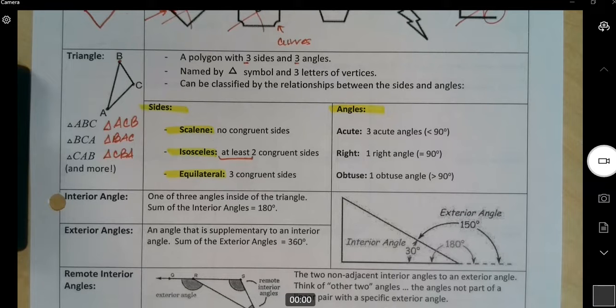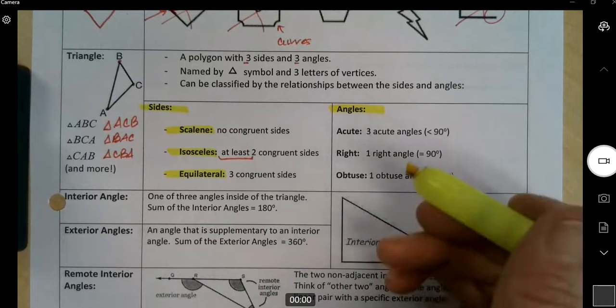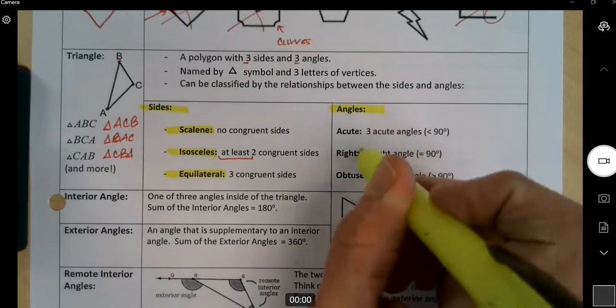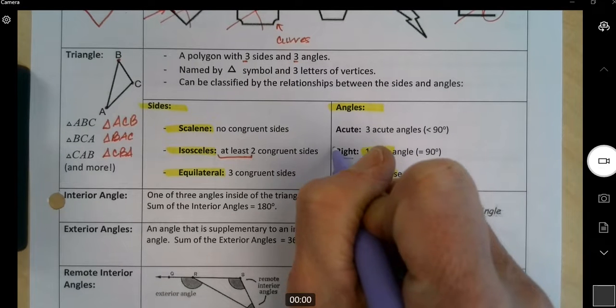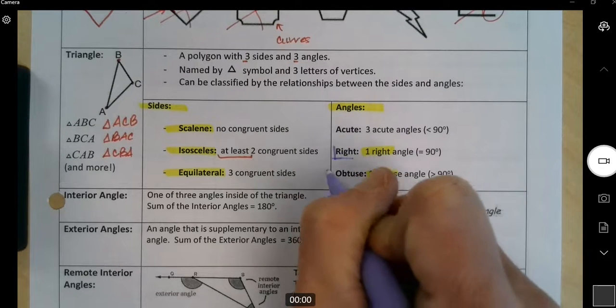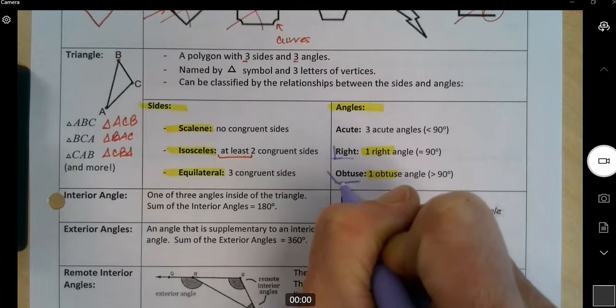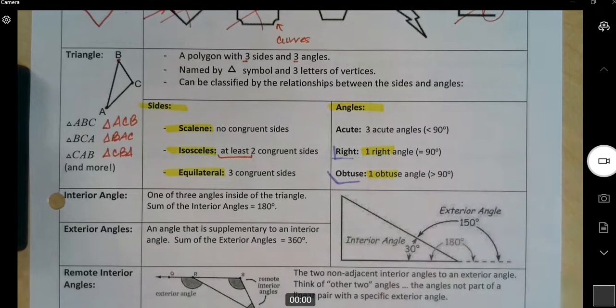All right. When we're talking about your triangle angles, this is your second thing to pick from. If you have 1 obtuse or 1 right angle, that's making that triangle right away a right triangle or an obtuse triangle. And if you think about what we just did with each triangle being 180 degrees total, that makes sense to you.